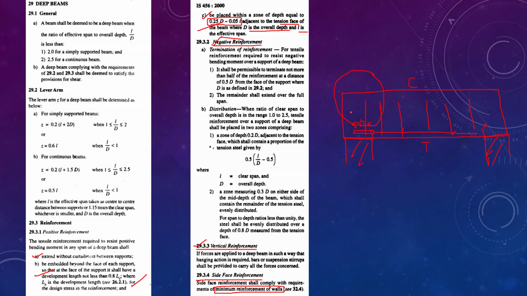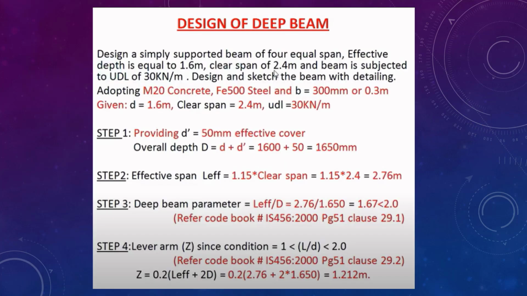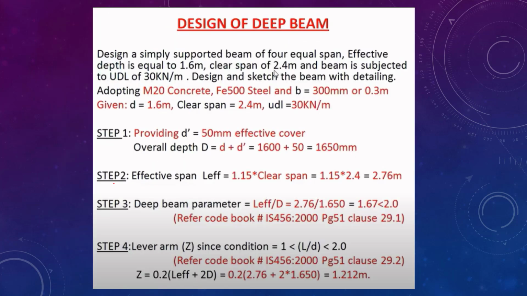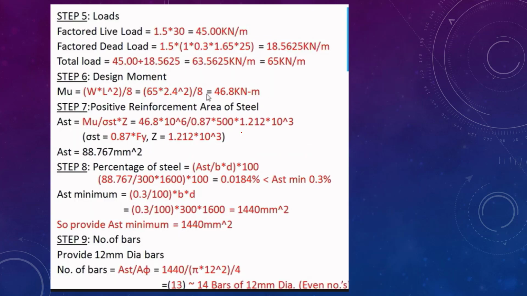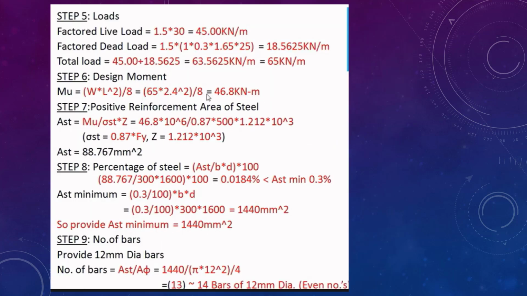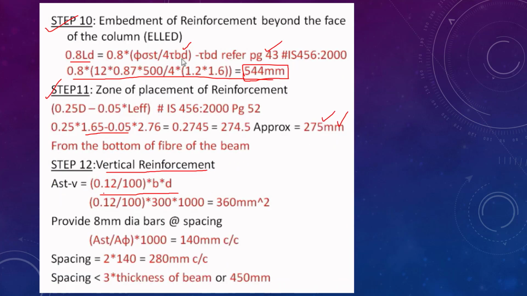We are providing the vertical reinforcement in a direction perpendicular to the length of the beam, and the value will be 0.12 by 100 into B into D. As we are using Fe500 HYSD bar, the reinforcement is 0.12 percent, and if it was mild steel, it would be 0.15 percent. So Ast is equal to 0.12 percent of the cross-sectional area, 0.12 by 100 into 300 into 1000.